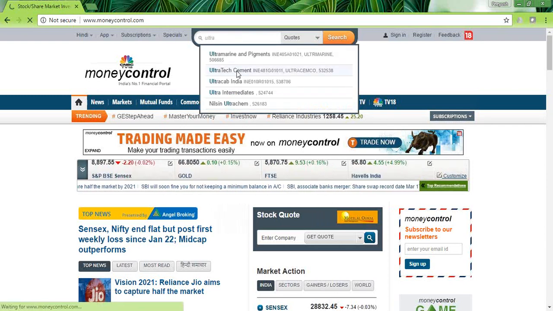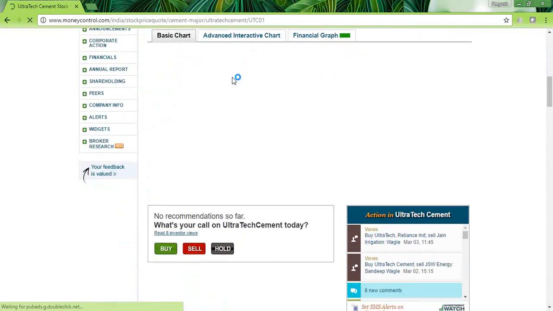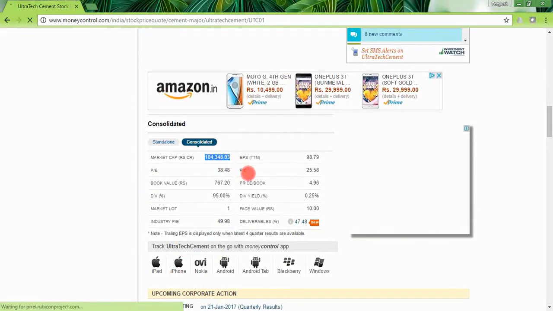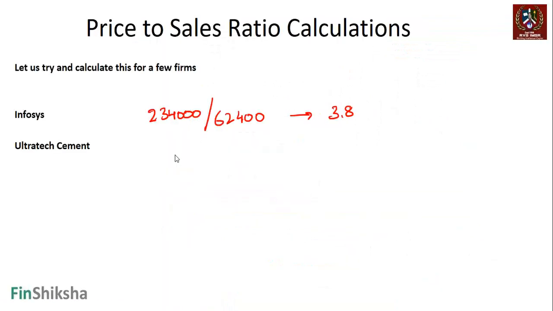We click on Ultratech Cement, and as you move lower on this page, you will see the market capitalization. 104,348 is the market cap for Ultratech Cement. So I can note down 104,348 as the market capitalization.